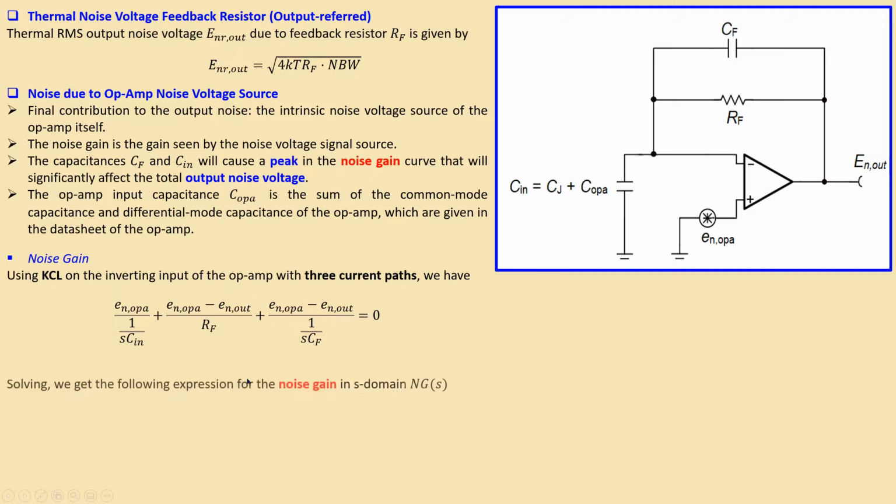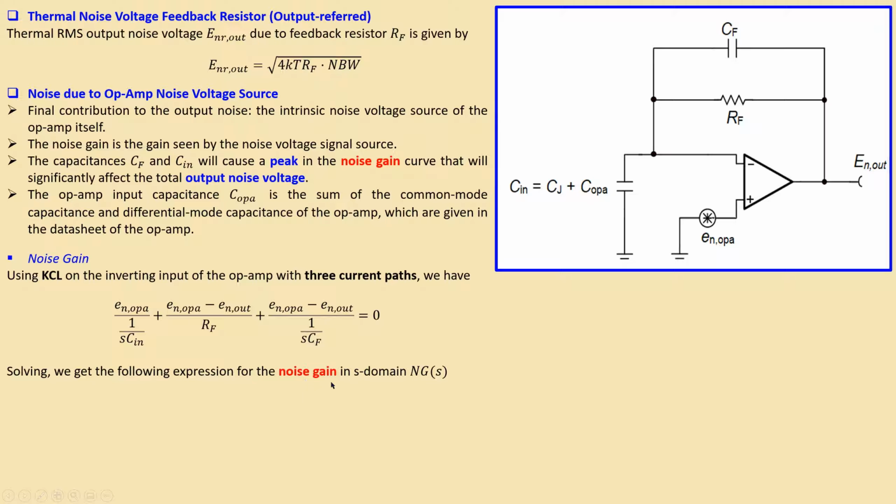Now, if you simplify this and solve for the noise gain in the S domain, the Laplace domain, what is the noise gain? Noise gain is the output noise divided by the input noise, which is of course the noise voltage source of the op-amp. You will have this expression. What you see is you have a pole, which is given by this expression if you equate the denominator to 0, and you have also the zero, which is given by the numerator of this expression by equating this numerator to 0.